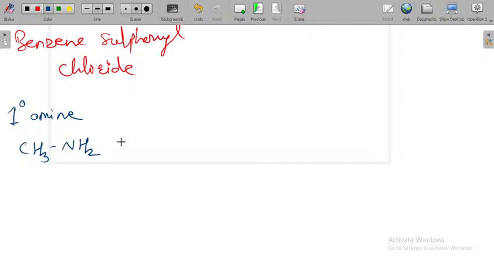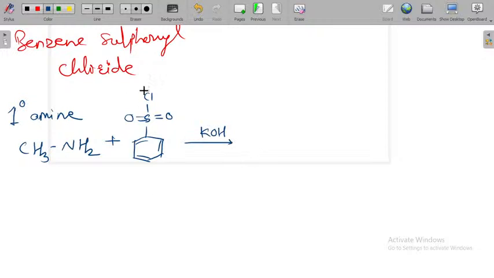This on reaction with benzene sulfonyl chloride, so this is S, Cl, double bond O, in presence of potassium hydroxide, means base, KOH. What is the product now?